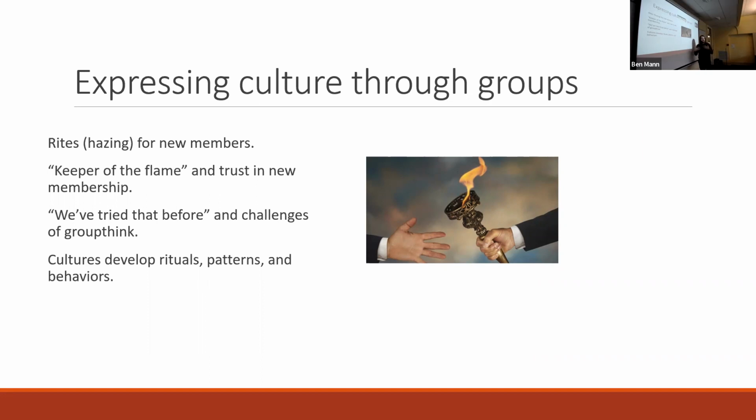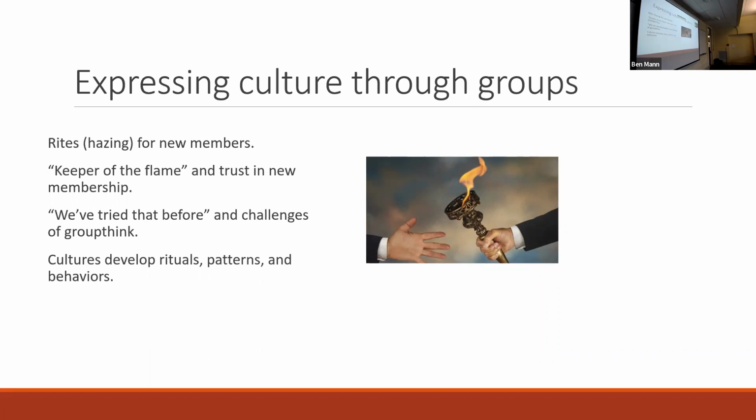If we were working in a study group, maybe for a challenging course and preparing for exams, you not only have the chance to become better at studying and have accountability, you might start to really enjoy those meetings because you've developed a new set of friends and a sense of community via the people that you were working with. So developing a sense of culture in groups is important for the effectiveness of groups and our own well-being.